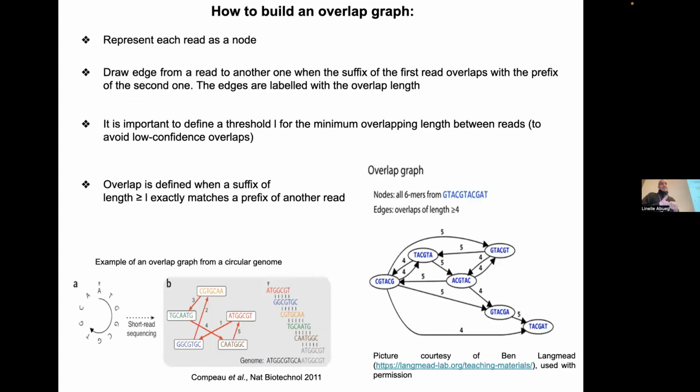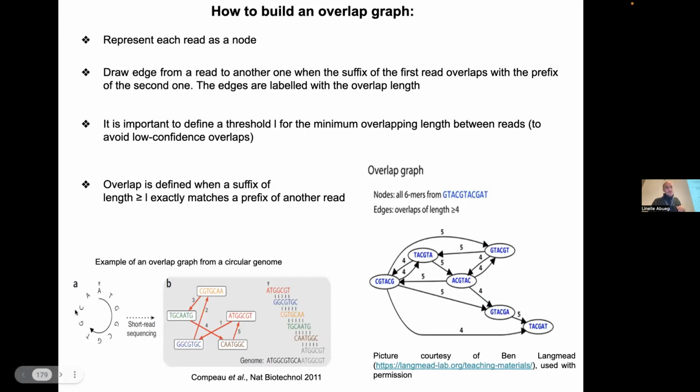And then, once you have defined this, usually you also represent the length of the overlaps on these edges. Now you tell the software how long the overlap is for each of the edges that you have. Let's look at a real example.